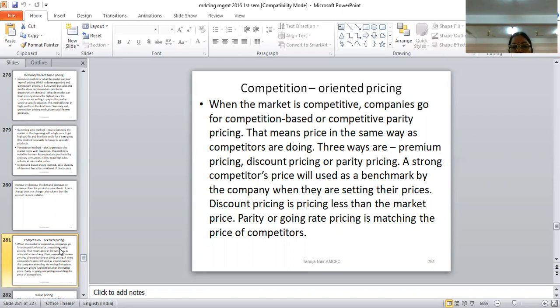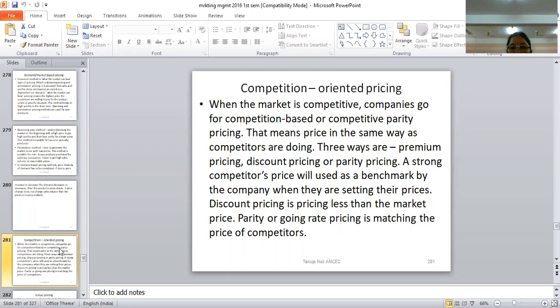Discount pricing is where the companies will deliberately price less than the market. So what is the market price? They will price less than that. If the competition has started discount pricing, he has priced his product less than the market, then all the other companies also will follow.